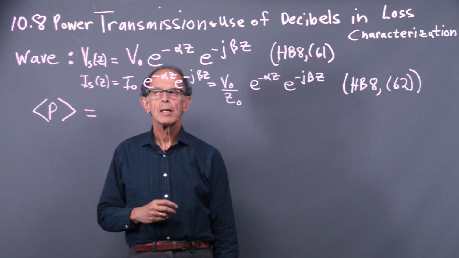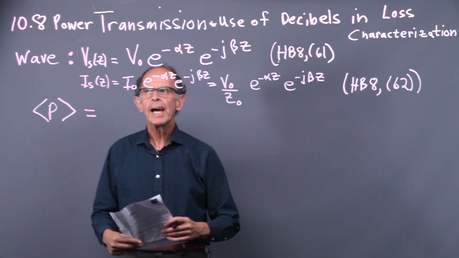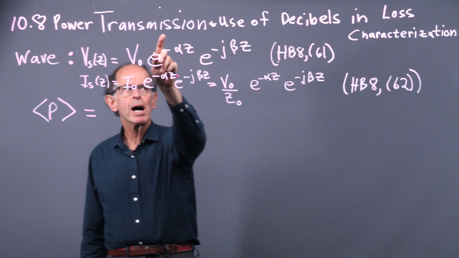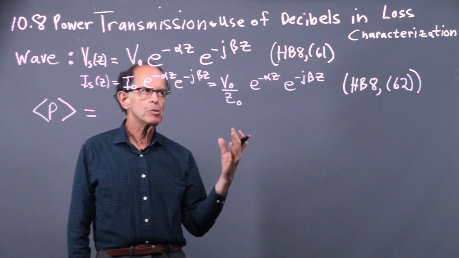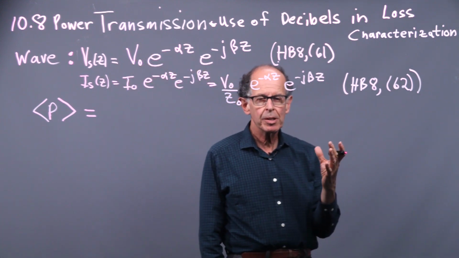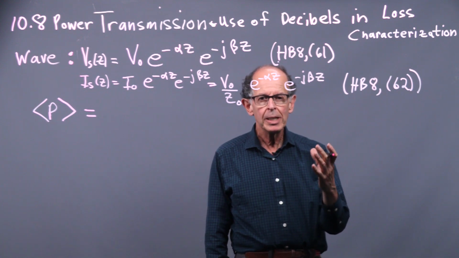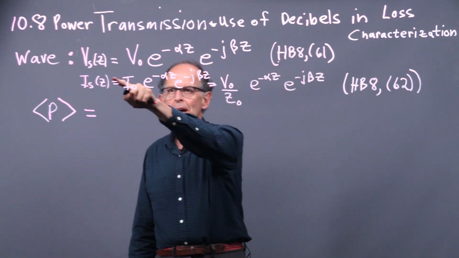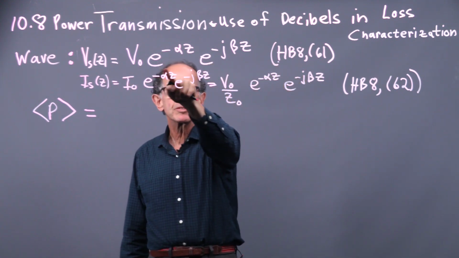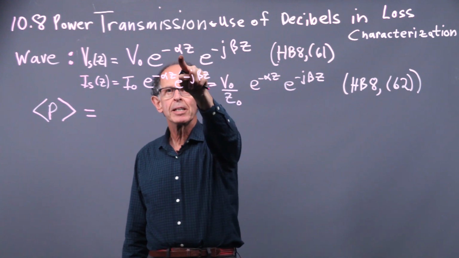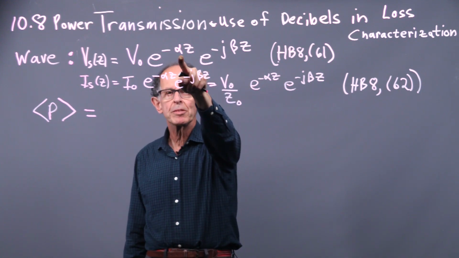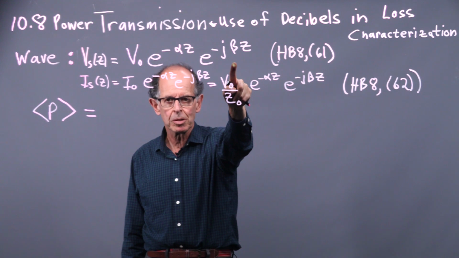Finally, we have in section 10.8 power transmission and the use of decibels in loss characterization. We know that the voltage, for example, in phasor form is like this. The alpha is positive, so the wave is decaying as it moves.